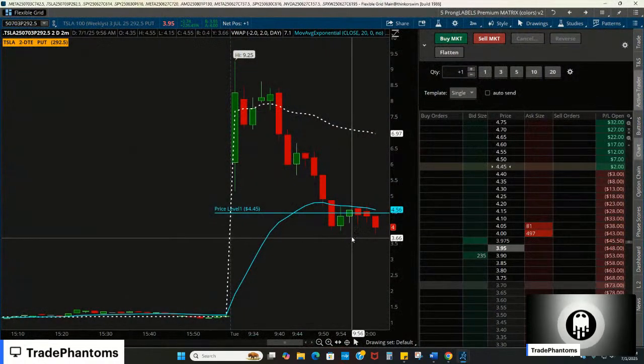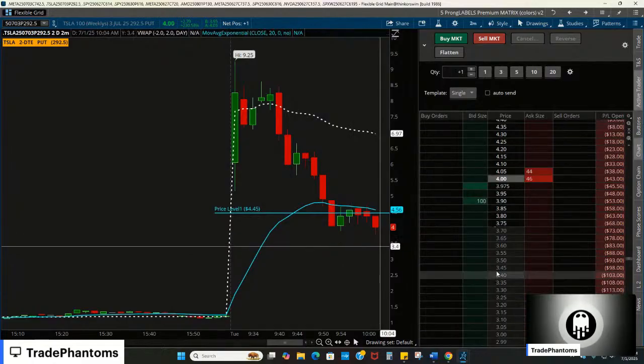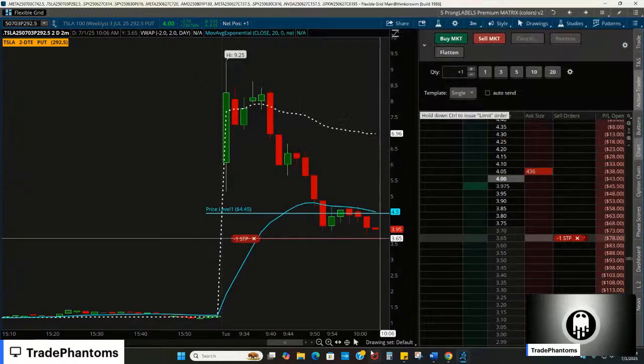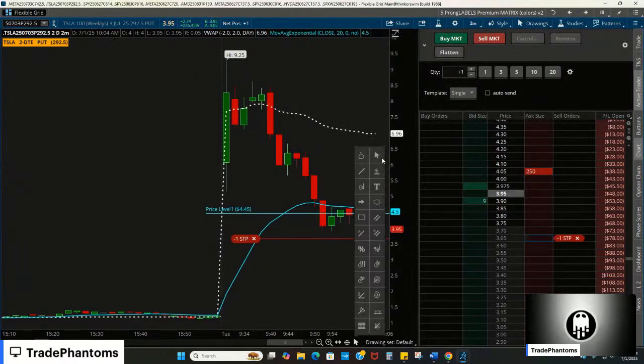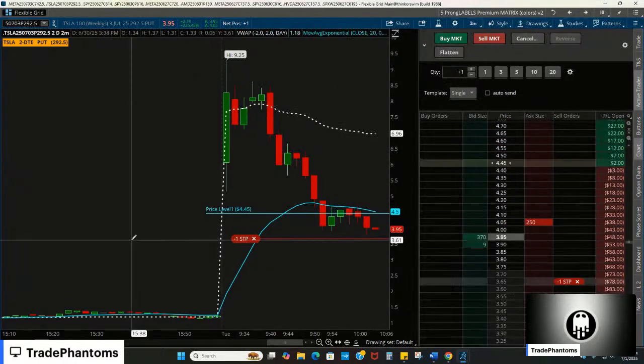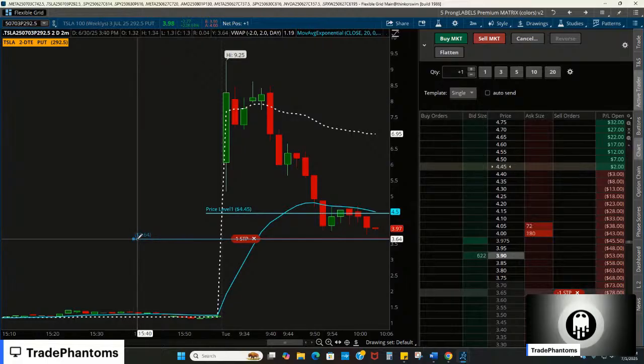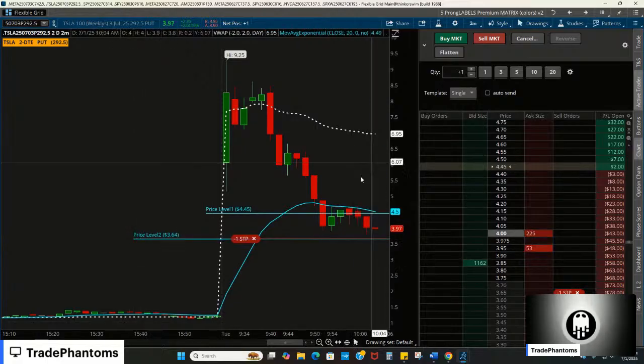All right. If this thing makes a new low here, below 3.70, I'm just gonna get out. This is the put premium. So if Tesla makes another new high on that spike, which it's probably going to happen, just get out.